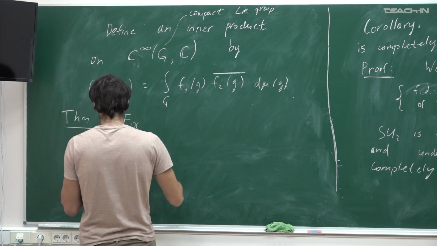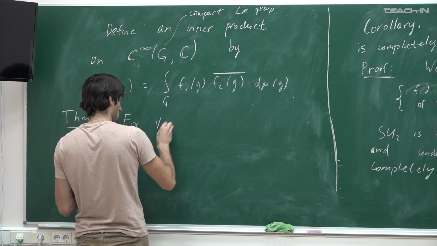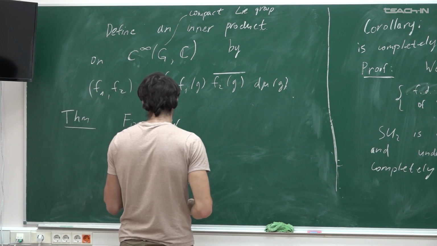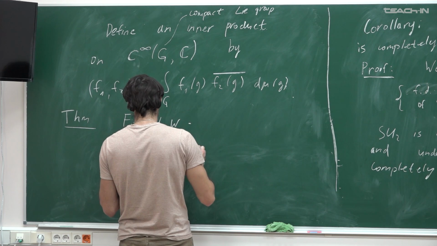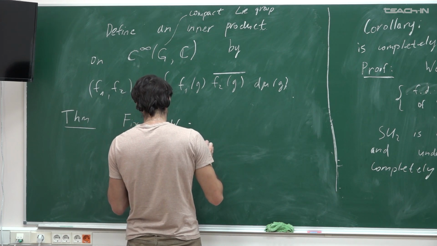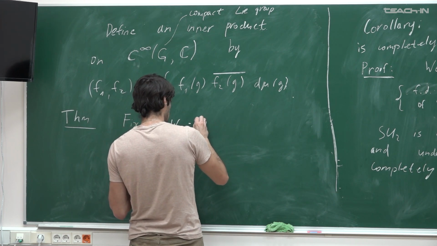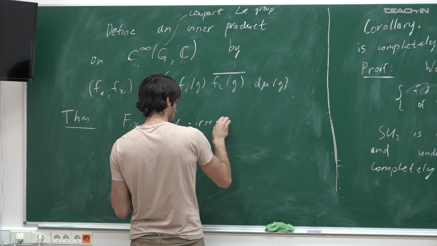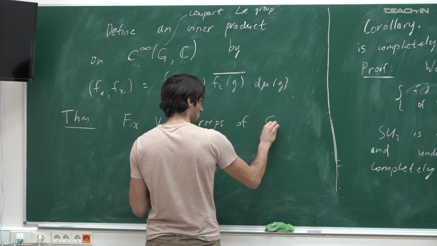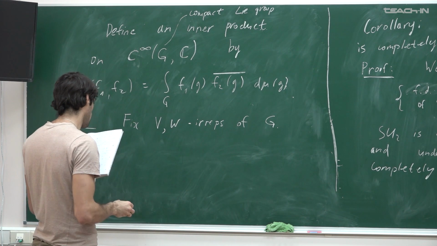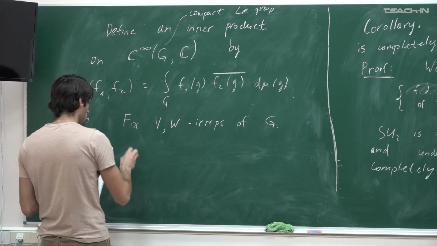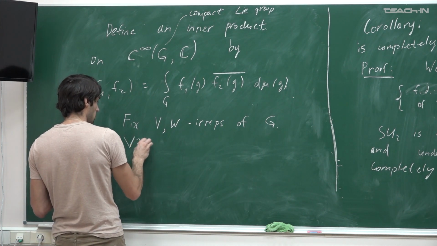Let me fix two representations V and W. These are two irreducible representations of my Lie group G. I would also like them to be non-isomorphic.